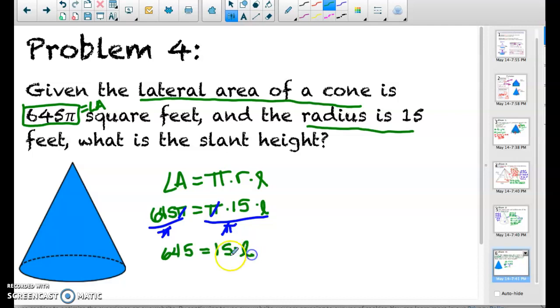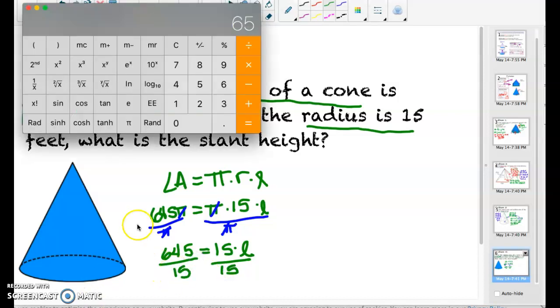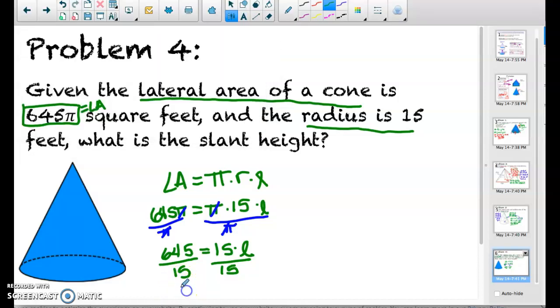All we're looking for is that slant height, so now I can just divide both sides by 15 and I can be done. So on the calculator, 645 divided by 15 gives us 43. So 43 is that slant height, and that answers the question.